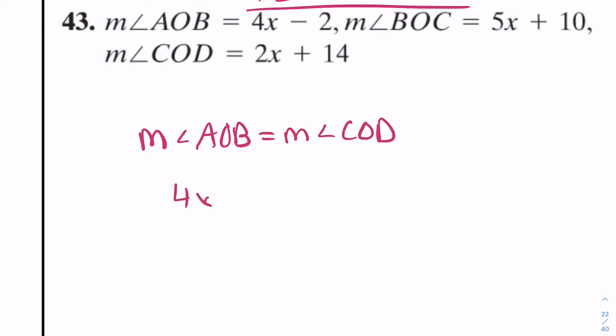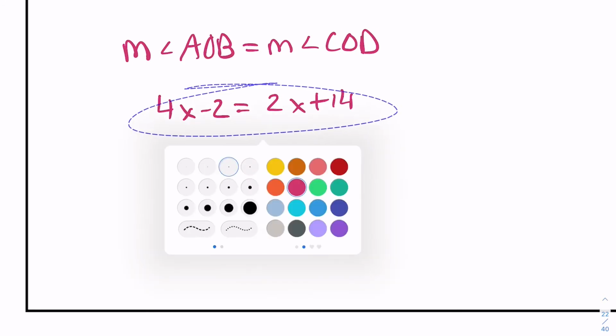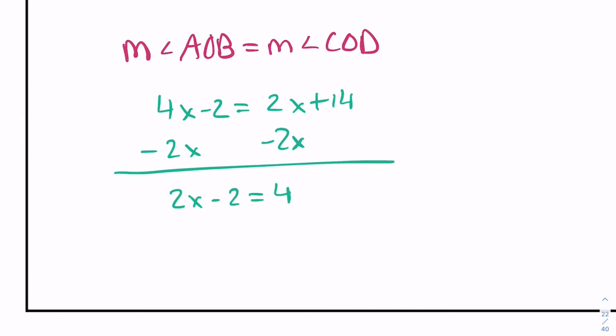So 4x minus 2 equals 2x plus 14. Let me take away 2x from both sides. Plus 2.